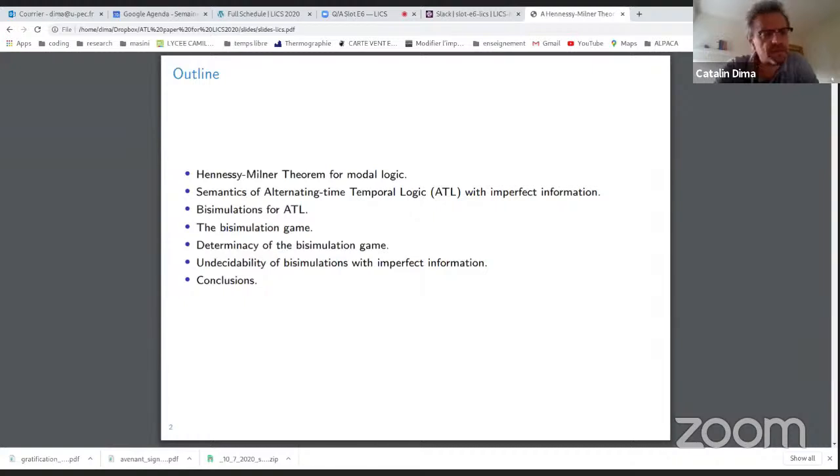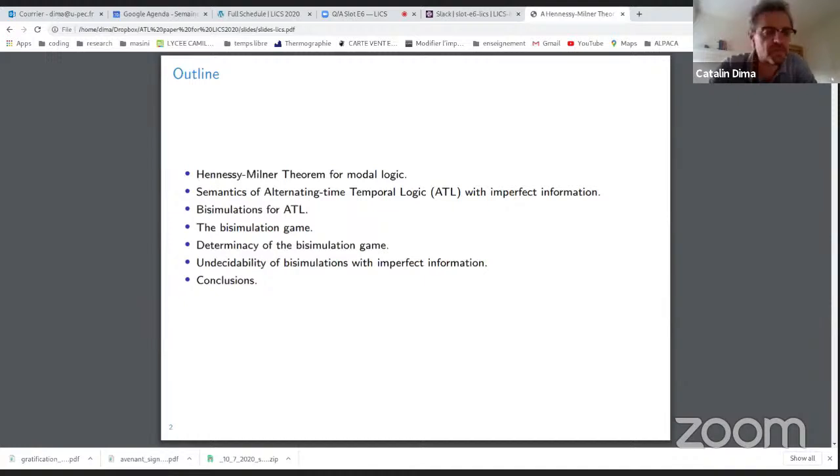So the idea behind the bisimulation would be that two histories are related by bisimulation. If two histories are related by some bisimulation for some coalition from some set of agents, then any objective for that coalition which would be achievable in one of the histories would also be achievable in the bisimilar history.